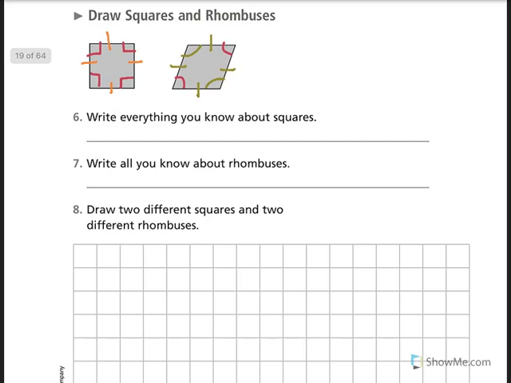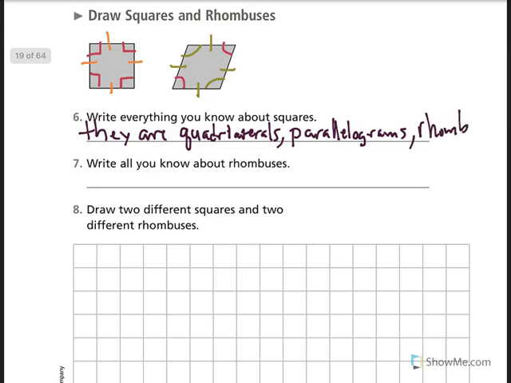So, if you know about rhombuses, they are quadrilaterals, parallelograms, rhombuses, and rectangles.